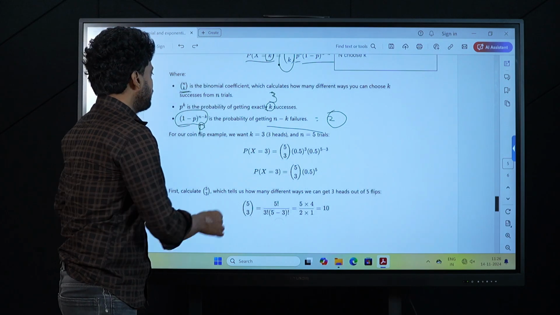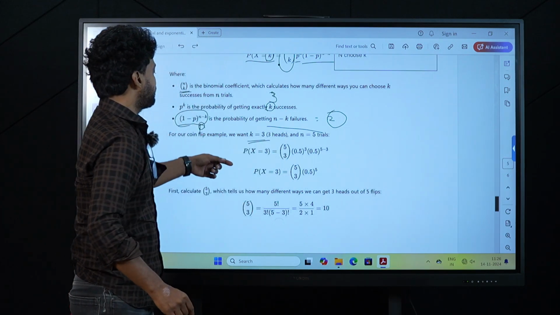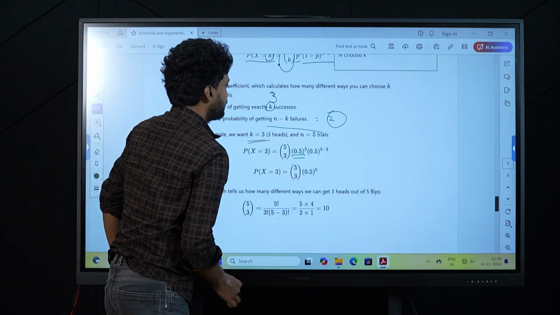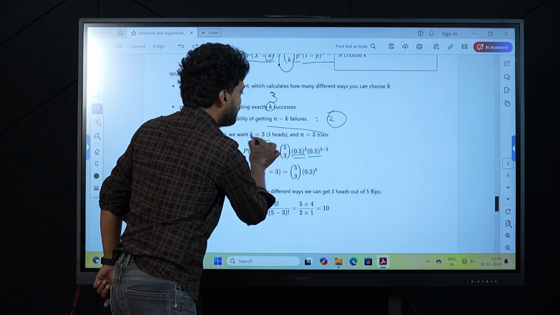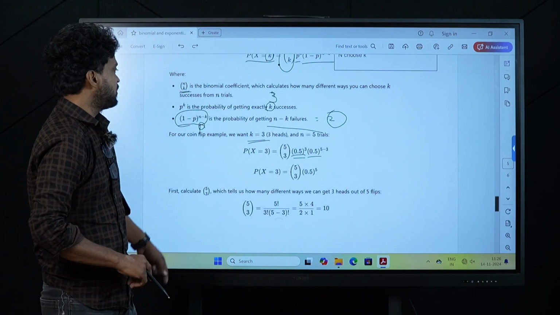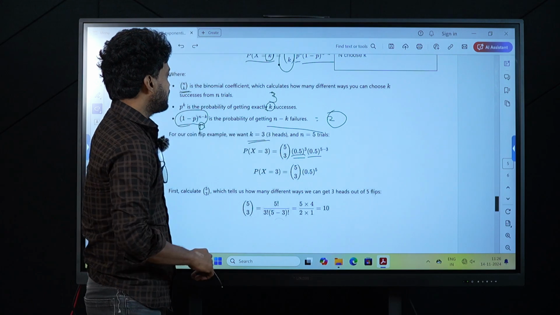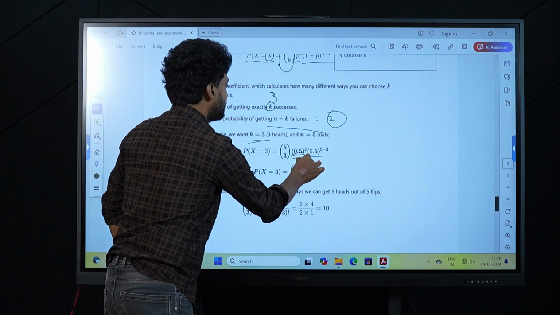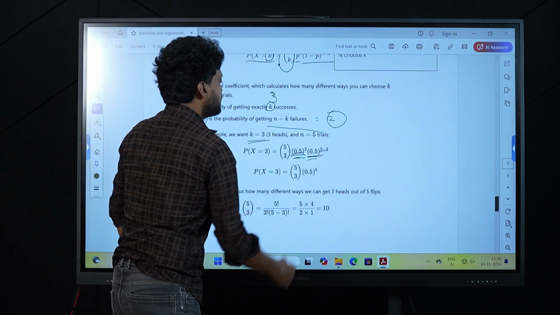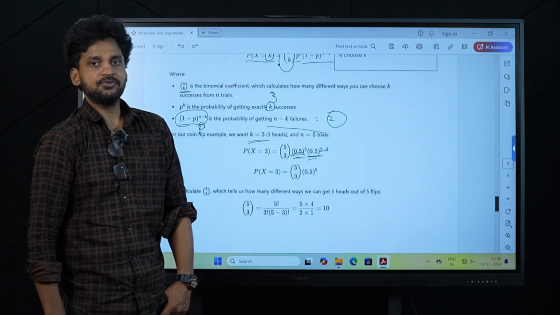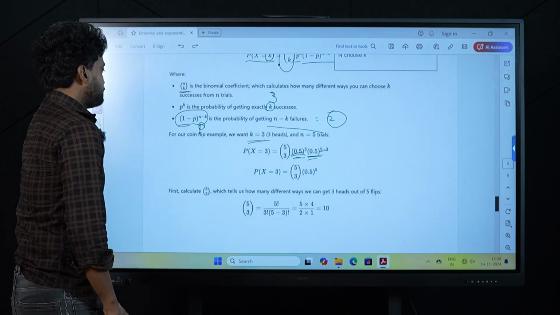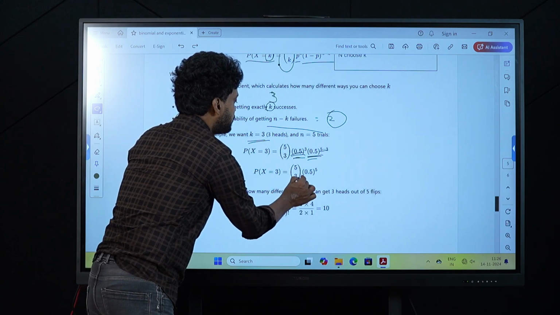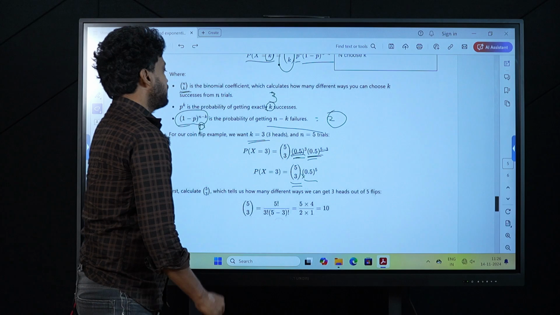For our coin flip, we want k equal to 3. P of X equal to 3 is equal to 5 choose 3 into 0.5 power 3 into (1 minus 0.5) power 5 minus 3. When you substitute the values, n choose k is 5 choose 3, p is 0.5, that is 50%, n is 5 and k is 3. So it will be 5 choose 3 into 0.5 power 5.